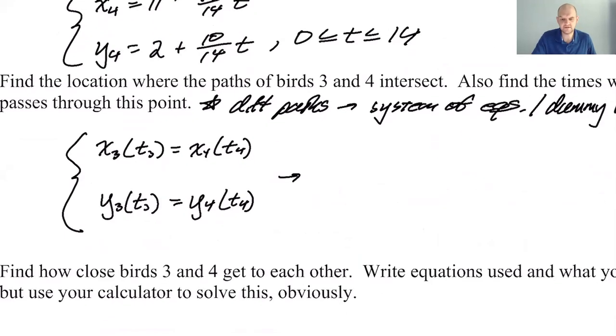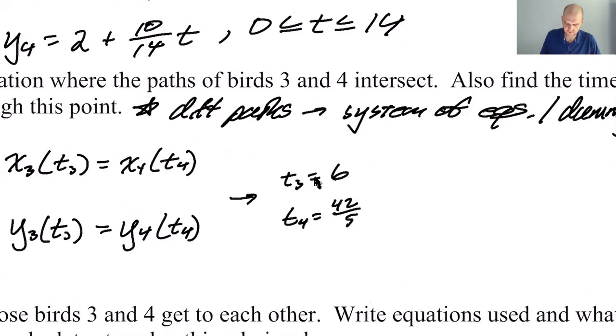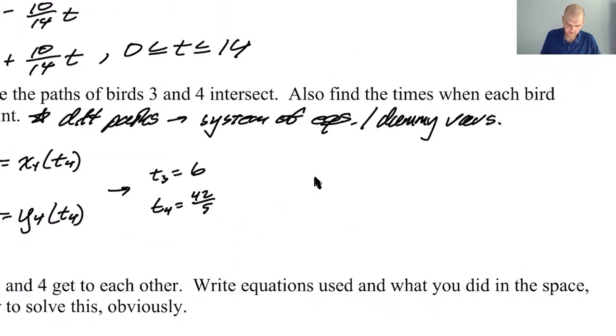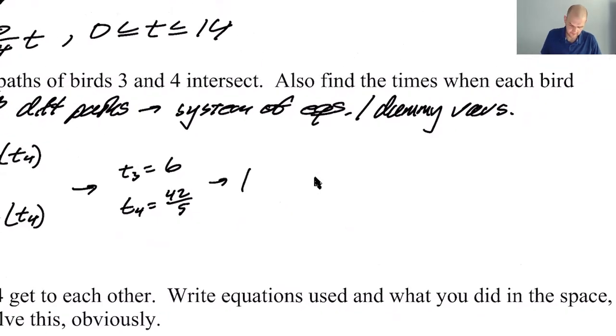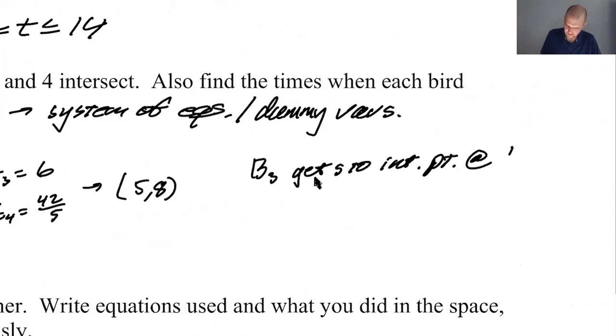So we get T3 equals 6. T4 is 42 over 5, or you can write it as a decimal. And then the ordered pair is 5, 8. So let's write this up. Bird 3 gets to the intersection point at t equals 6 minutes.